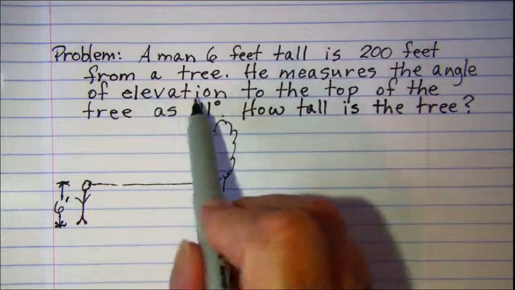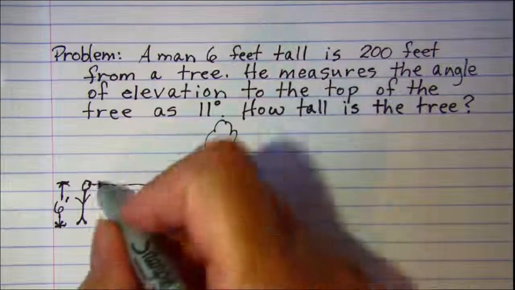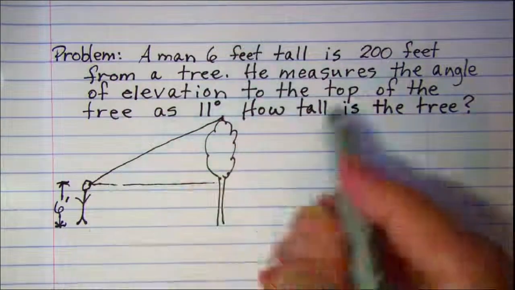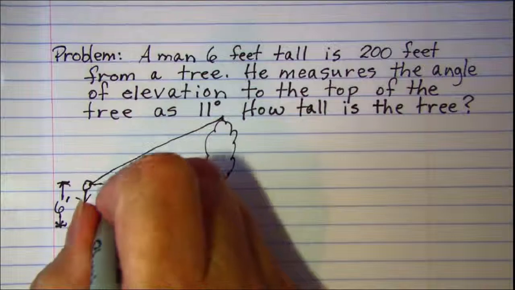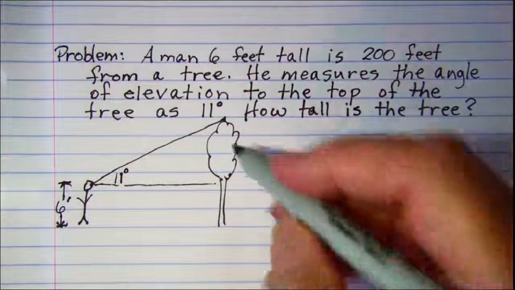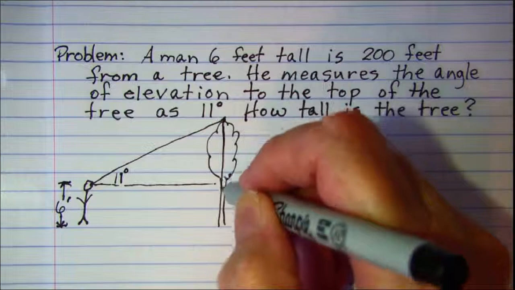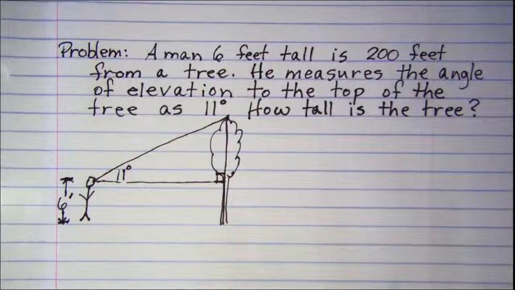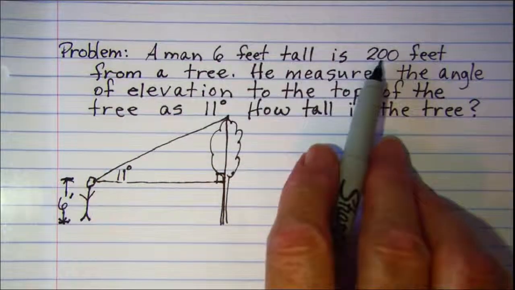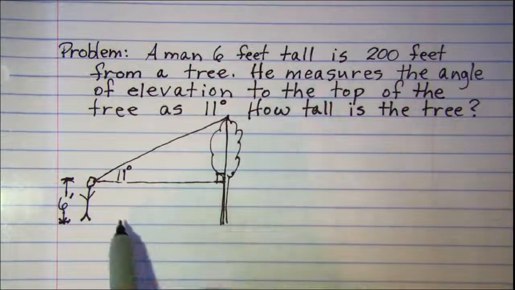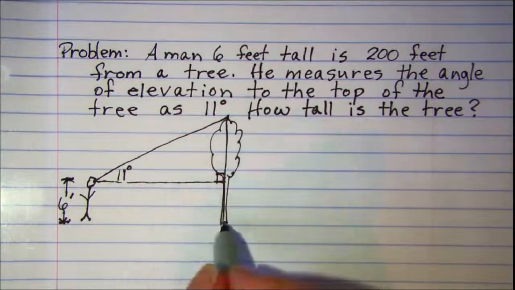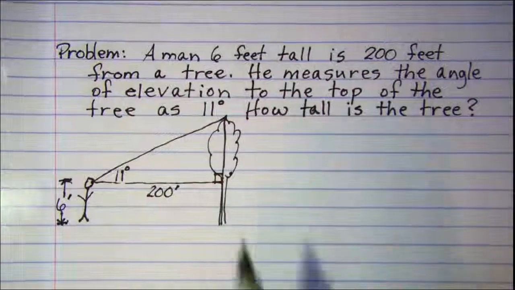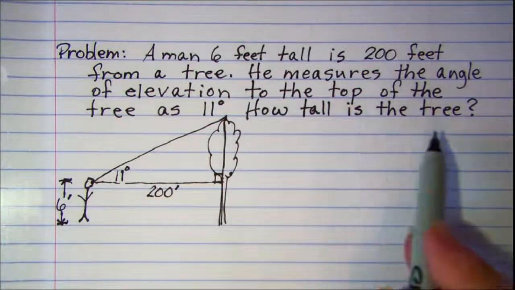The angle of elevation, from the horizontal up to the top of the tree, is 11 degrees. And we're assuming that we have a right angle here. And he is 200 feet from the tree, so the distance from the man to the tree is 200 feet. Our question is, how tall is the tree?